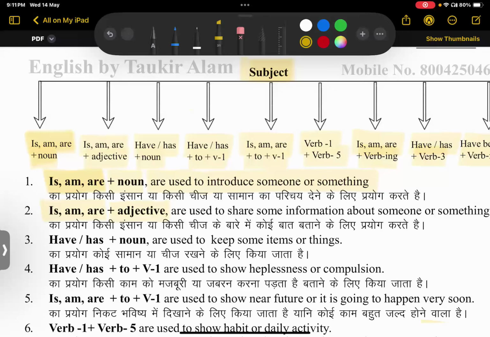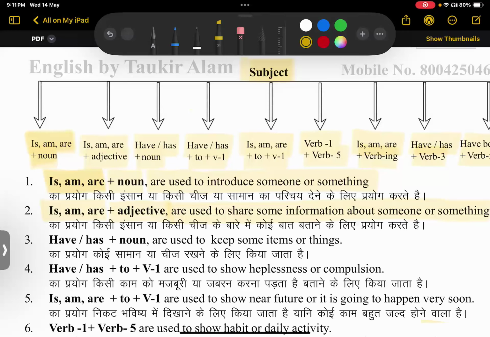Here is something. Is/am/are plus adjective are used to share some information about someone or something. There is somebody or something, and you want to share some information. That information can be good and bad also. For example, you are intelligent, and you can say you are stupid, you are healthy, you are ill, you are fat, you are slim.